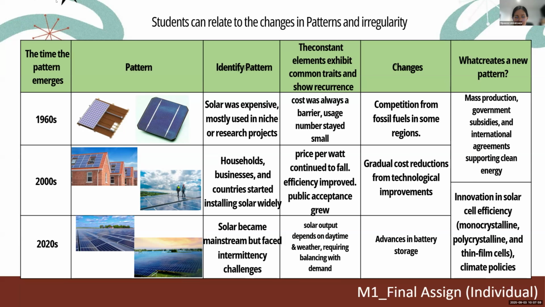Okay, advance in battery storage for pattern 3. Since we are talking about solar cells, but okay, I understand that you mean during 2020 until now, we have advancement in battery storage so that we could store the energy from solar cells, with more capacity for storing, instead of just using the light as it generates.